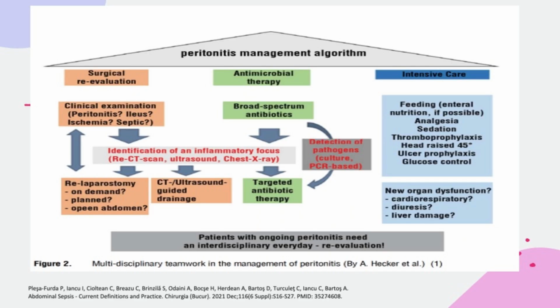Peritonitis management algorithm, which emphasizes a multidisciplinary approach for effective treatment. The process begins with surgical re-evaluation, including clinical examination to identify signs such as peritonitis, ileus, ischemia, or sepsis. Identification of an inflammatory focus is achieved through imaging modalities like CT scans, ultrasound, or chest X-rays. Based on findings, interventions may include relaparotomy, on-demand or planned, or CT/ultrasound-guided drainage.